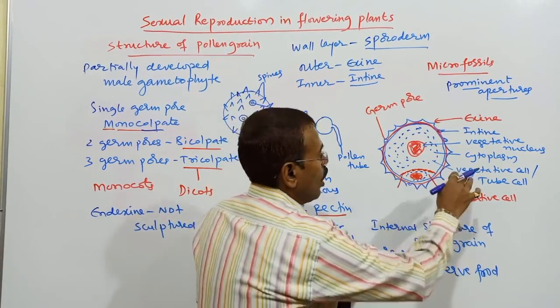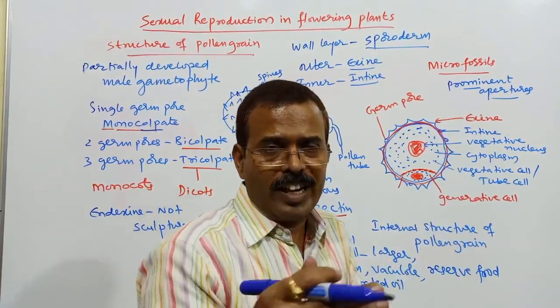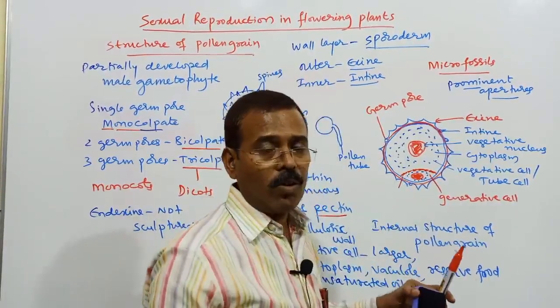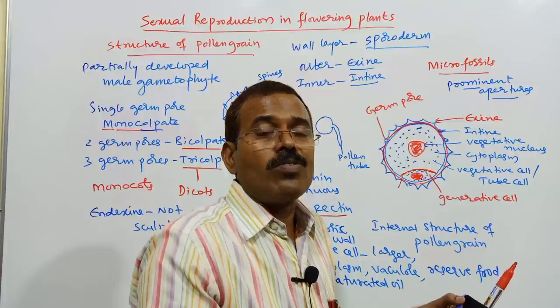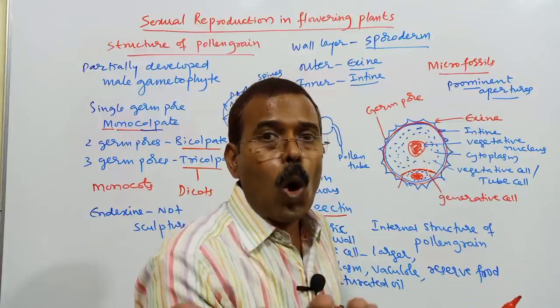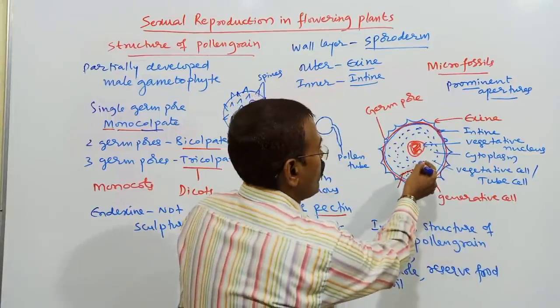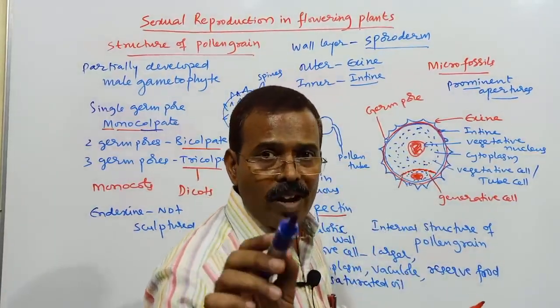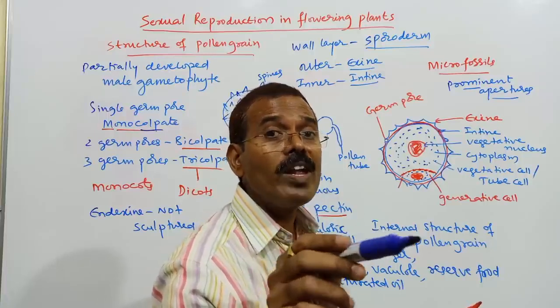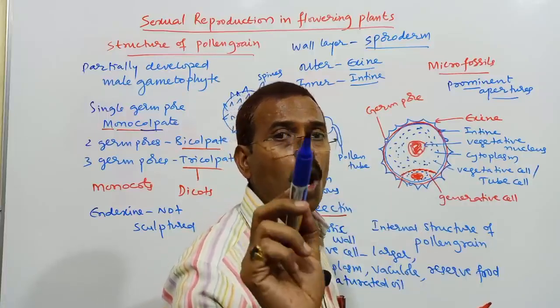This callose wall layer can disintegrate, it can break down. As a result, the generative cell can float in the cytoplasm of the vegetative cell.